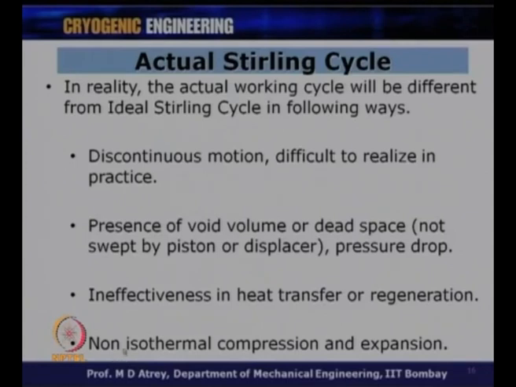All right. So, these are different possibilities because of which the actual Stirling cycle will go away from ideal Stirling cycle, and therefore, the COP of actual Stirling cycle will be quite less than what you otherwise get from ideal Stirling cycle. So, ideal Stirling cycle will give the same COP as Carnot cycle, but actual Stirling cycle will not be as efficient as the ideal Stirling cycle.